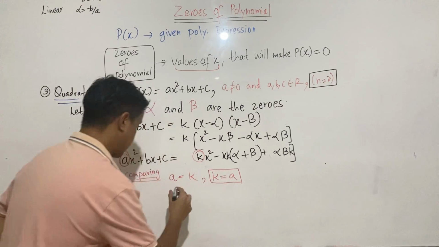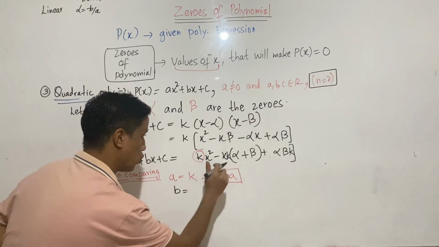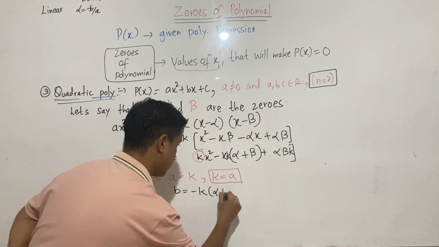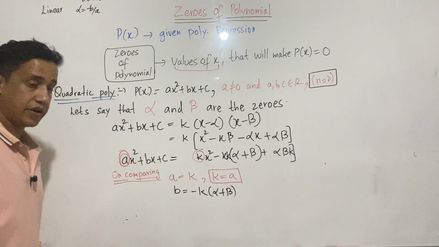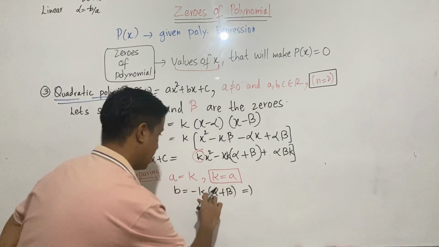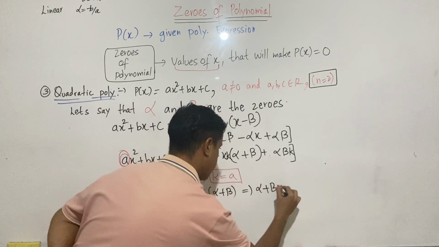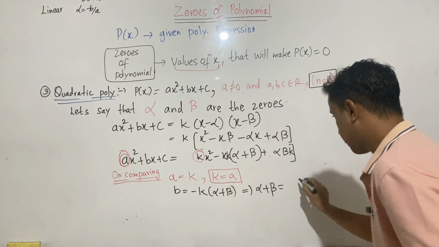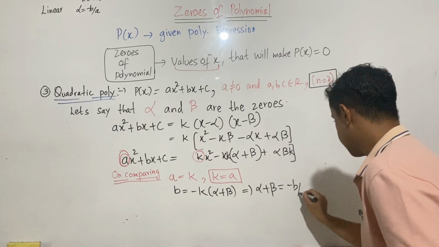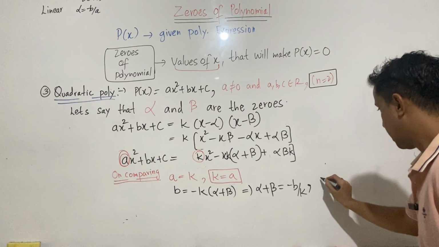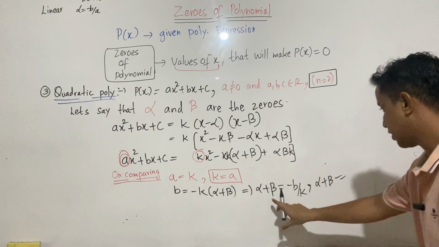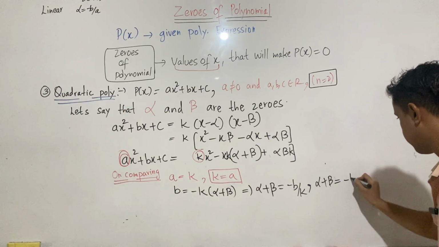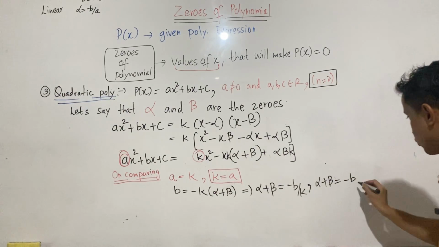So can I write b is equal to minus k times alpha plus beta, right? Agree? So can I say alpha plus beta would be equal to minus b by k? The value of k is a, so can I say alpha plus beta equals minus b by a?